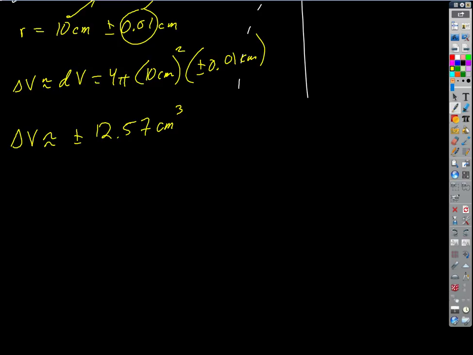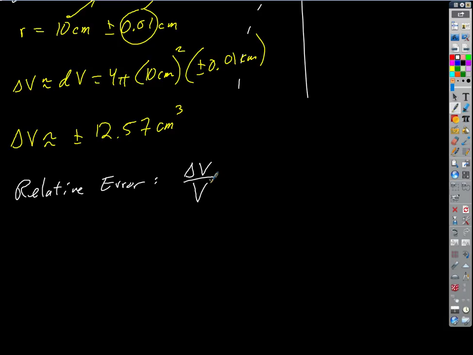Okay, so let's take this one small step further then. Is this good or bad? Who knows? But if, instead of calculating delta V, we calculate the relative error, delta V over V, that makes more sense, right?